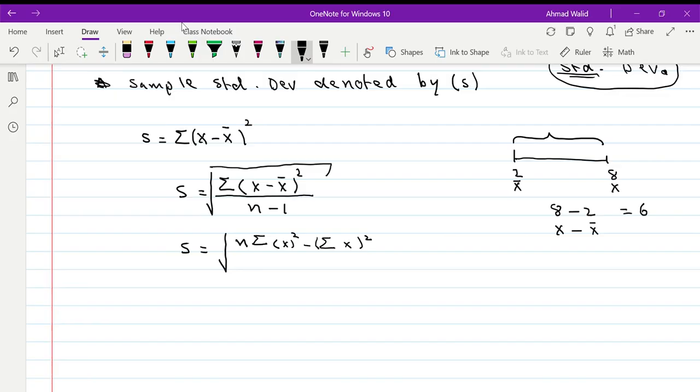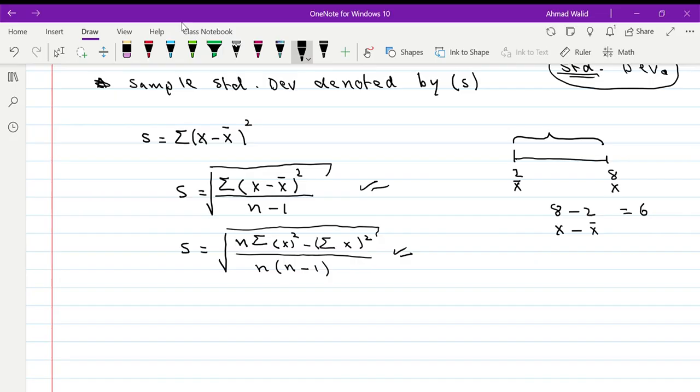I will explain later what is the difference between these two. Over n times n minus 1. Both of them, if you solve a problem with this formula or with this formula, the standard deviation will be the same.